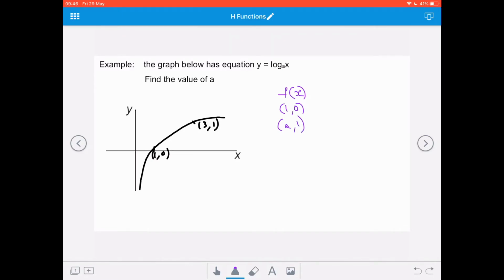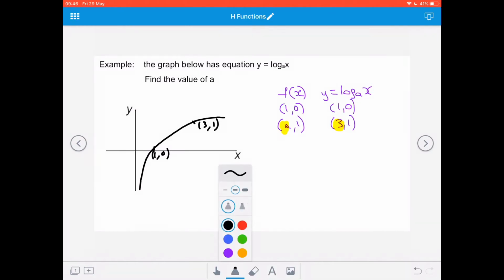You can see here, for our y equals log to the base a of x, our points are 1, 0, which ties in, and 3, 1. And so our value of a is going to be 3. So a equals 3, and if we wanted to write our curve as an equation, it's y equals log to the base 3 of x.